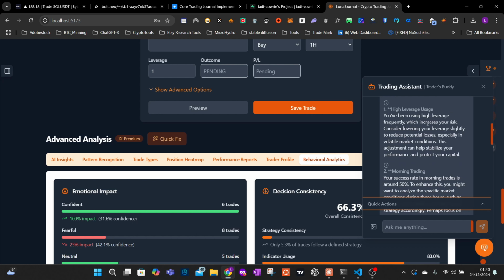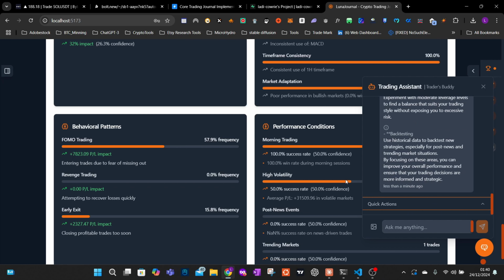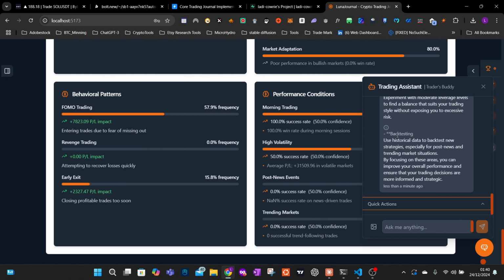It says I've been using high leverage frequently, which increases risk. Okay, yeah, it talked about morning trading, high volatility trading, and post news. So it gives you some recommendations based on this. I'm going to make it more structured.